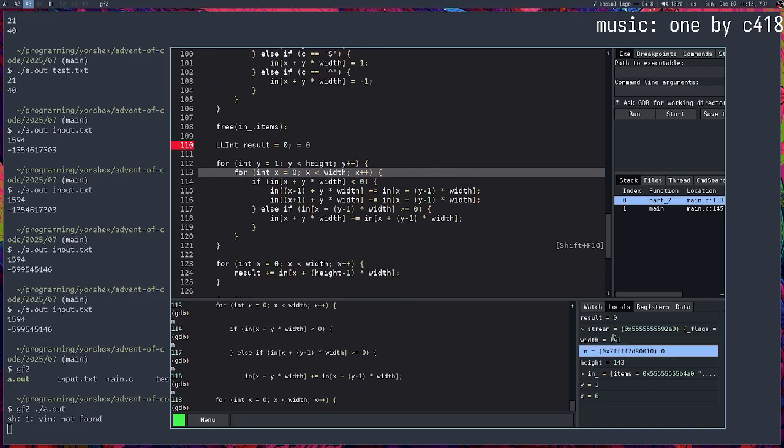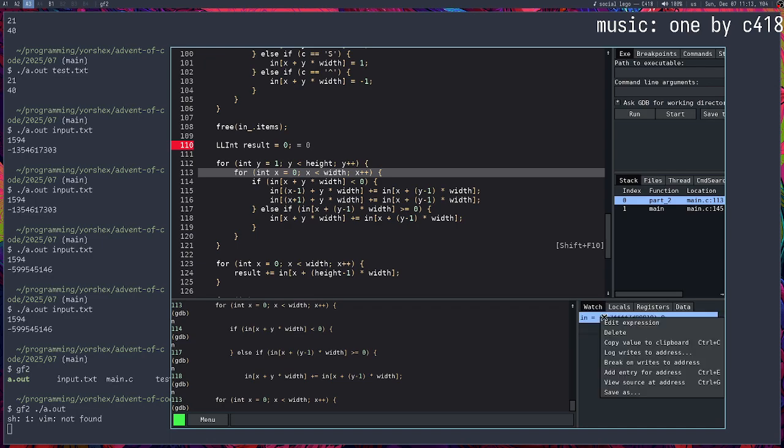Can you look at N as some kind of array of integers?